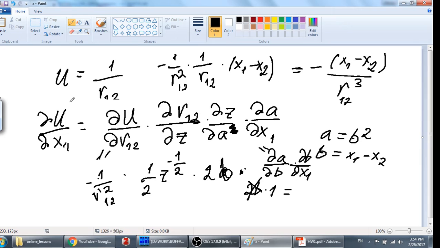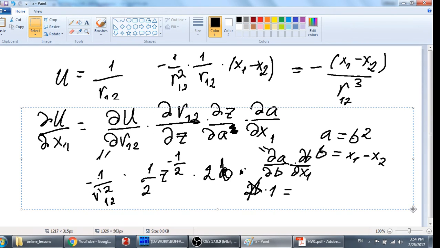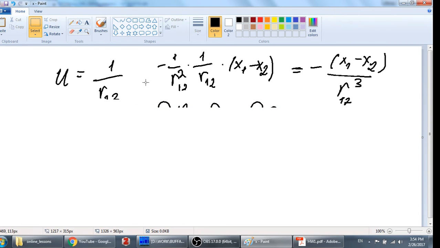And of course, because when you compute the force, you take the negative of that, the minus sign will also cancel out. And so now, if you do this for all components, you will basically get something like this.